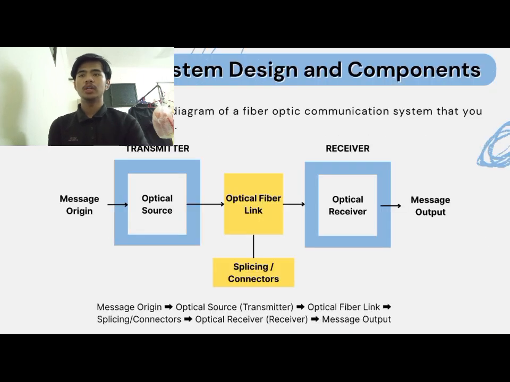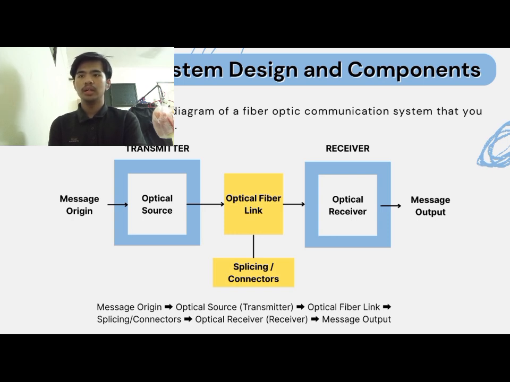Now let's take a look at question 1, which is system design and components. Draw and explain the block diagram of a fiber optic communication system that you would propose for the client. So this is the diagram block that we have just drew.